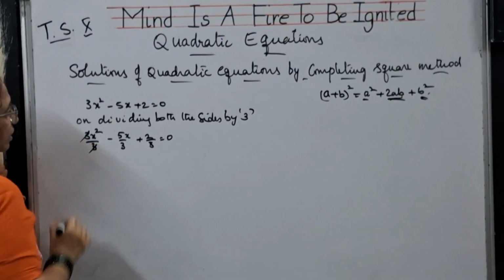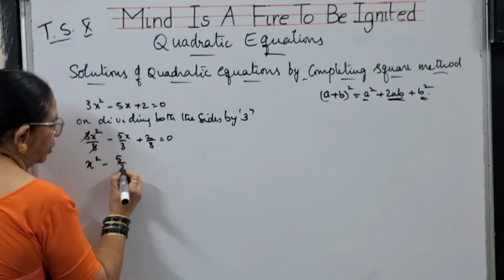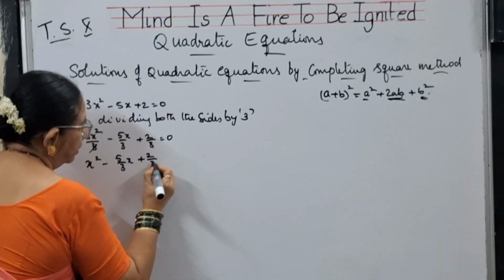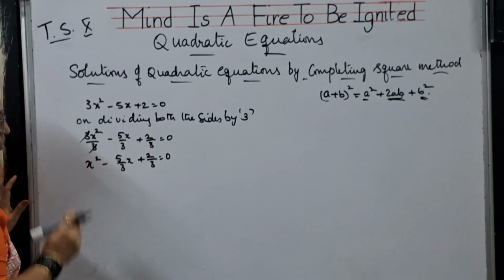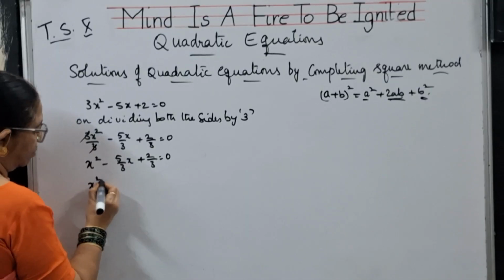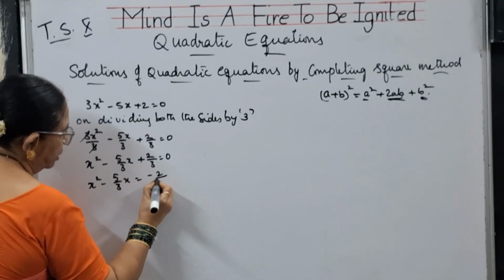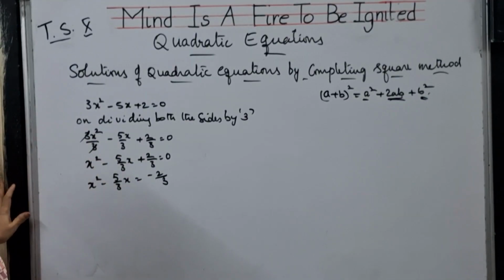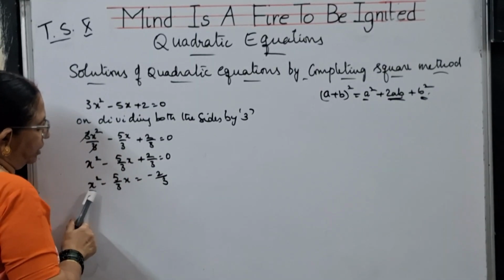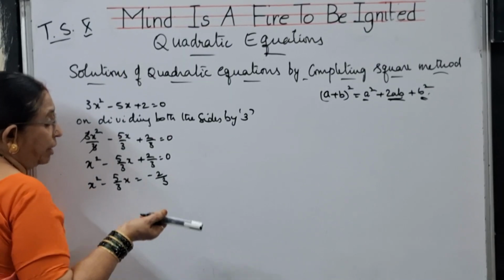So here 3 and 3 will get cancelled. You are getting x square minus 5 by 3 x plus 2 by 3 is equal to 0. So first and foremost thing is send this to the other side. That is x square minus 5 by 3 x is equal to minus 2 by 3. Now on sending here, the formula which you are going to get is x square minus 2ab plus b square.